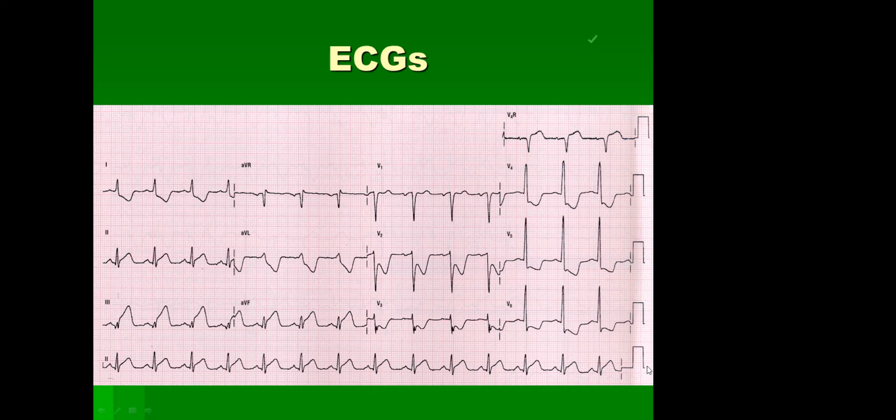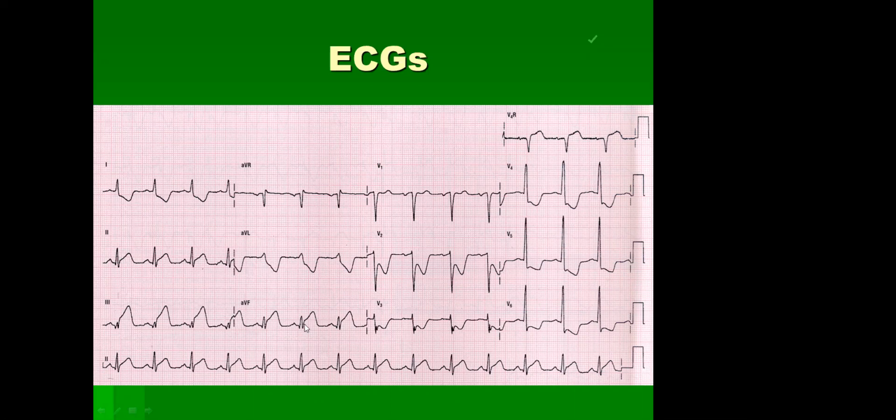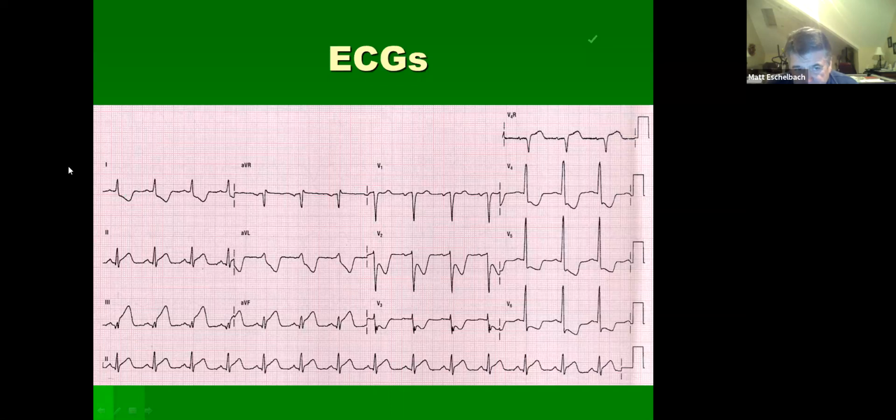So that would be more of a lateral MI. Okay. So you're saying at least an inferior MI, right? 2, 3, AVF. Correct. And then lateral reciprocal changes, 1, AVL, V5 and V6.